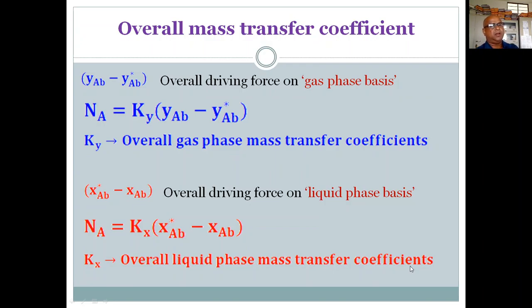So here I am taking consideration of both phases, because generally the equilibrium curve and bulk concentrations will be known to me. If I know the bulk concentration, corresponding with this equilibrium curve, I can calculate this easily, and here also similarly.